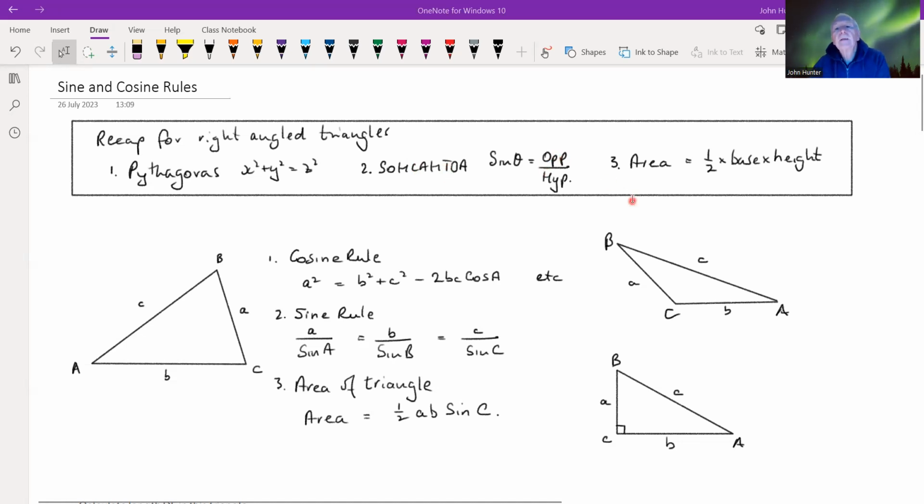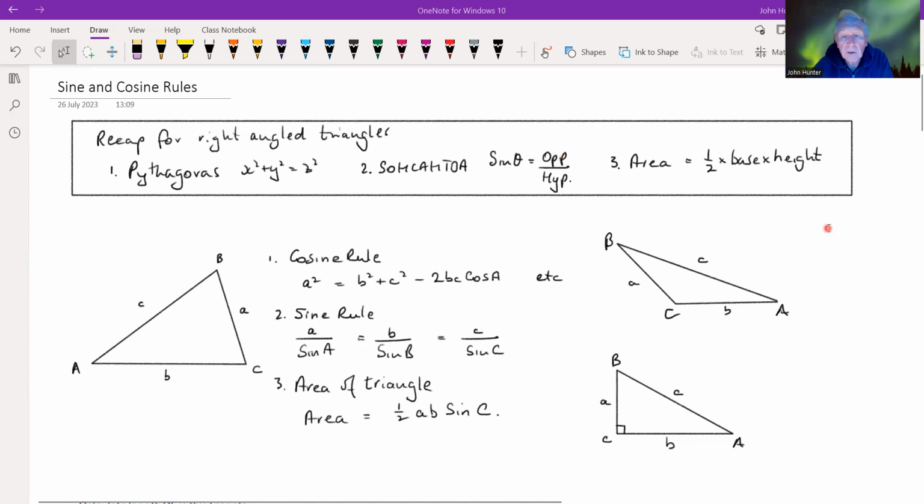And then we've got the area of the triangle, half base times height, which actually applies to other triangles anyway, but is particularly convenient when we talk about right-angled triangles, because the height or the base would be the length of one of the sides.